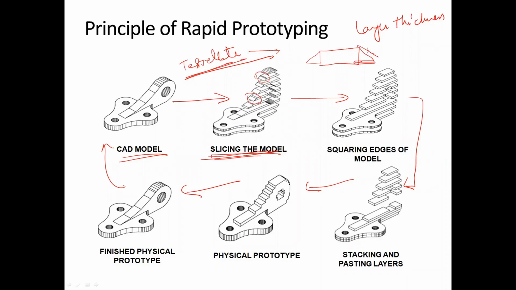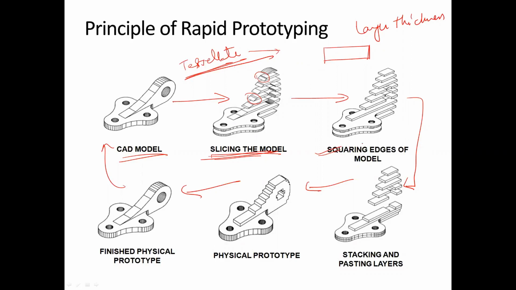There is a sloping edge on the corners, and it is very difficult to develop a sloping edged equipment. So the software by default cuts out the sloping edge and converts it into flat edges. That is what we call squaring the edges.